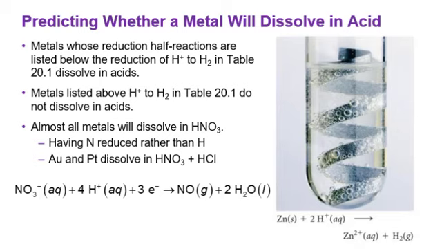Metals above H+/H2 do not dissolve in simple acids like HCl, but they may dissolve in what we call oxidizing acids like HNO3. And that is why in the electrochemistry lab, you're going to be asked to clean your electrodes using HNO3, because it's an oxidizing acid. It will help remove or dissolve things that won't readily dissolve.